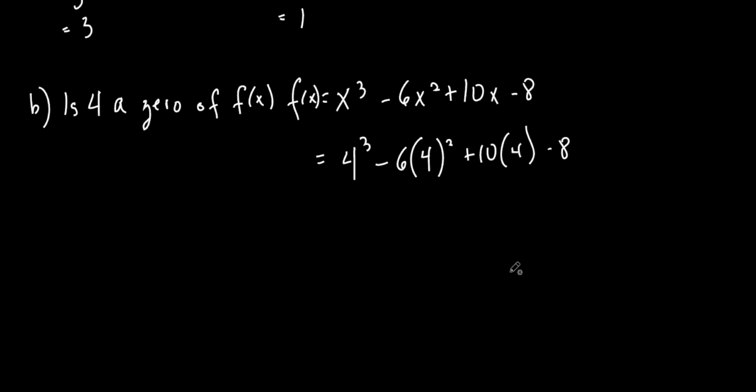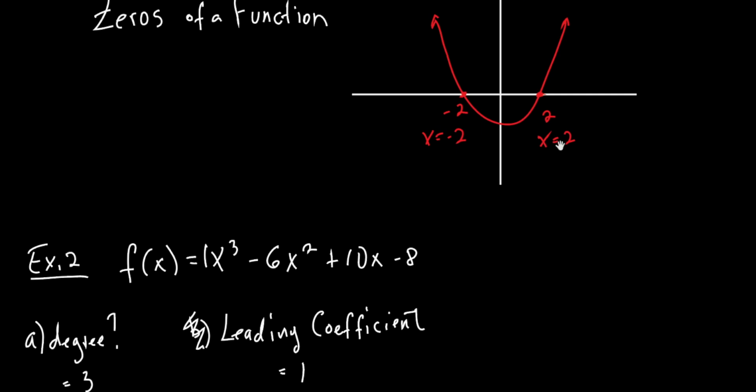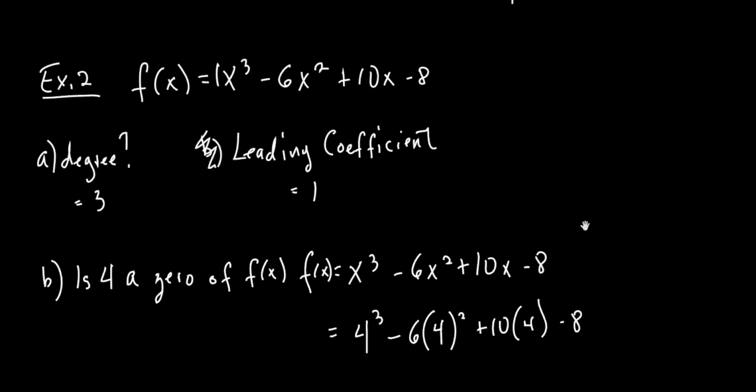And let's see if it comes out to 0, right? Because it says, is 4 a 0 of the function? So with that being x, does the y, or the f of x, equal 0? Okay? You with me? So is x equal to 2 a 0 of this function? Yes. Is x equal -2 a 0 of this function? Yes. Why? Because it makes the function equal to 0. It makes y 0. Okay?